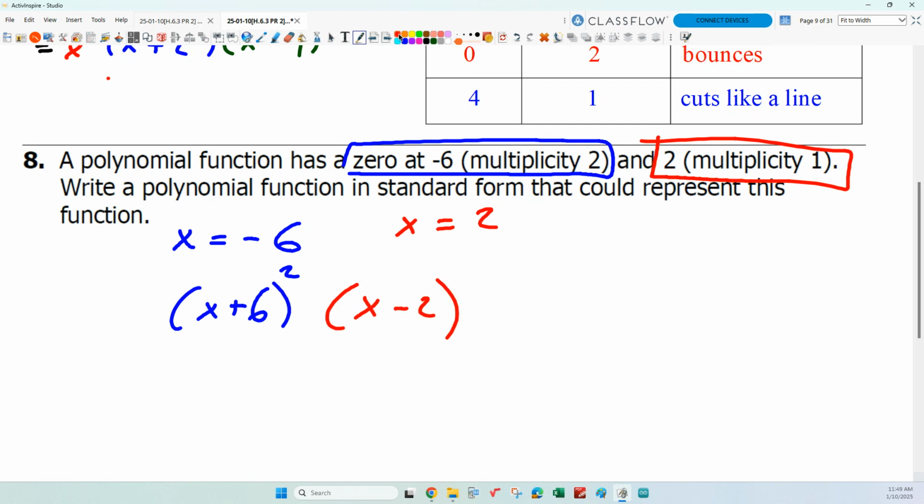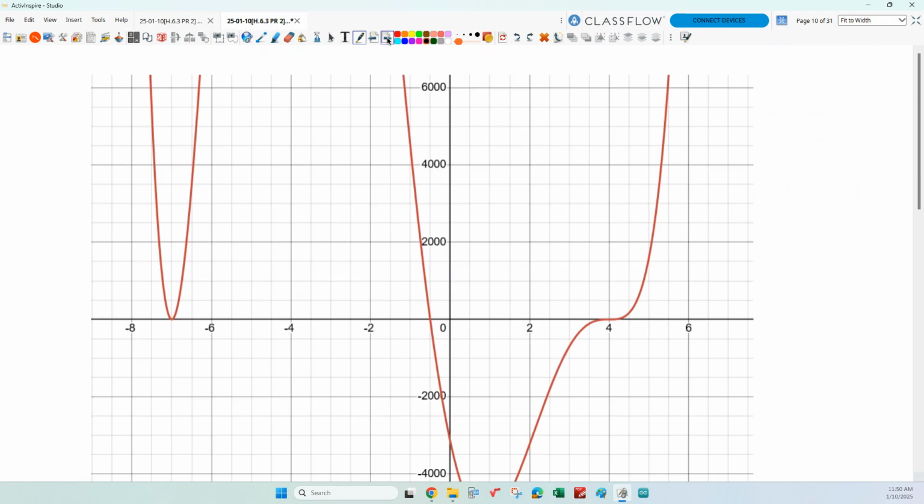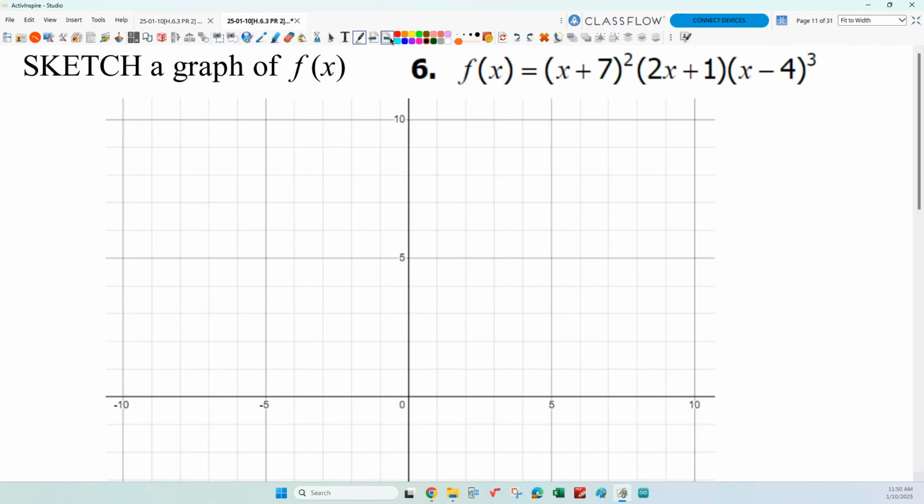Okay, and so f of x, the simplest polynomial I can build, is multiply them out, right? Did that one.